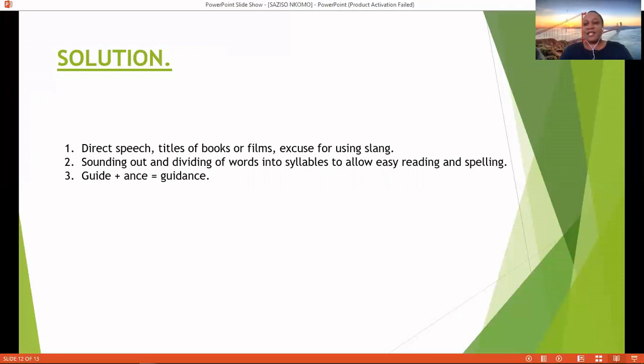That was our lesson for today on quotation marks and spelling patterns to assist us to work on our spelling and our punctuation mark quotation marks. Good day to all.